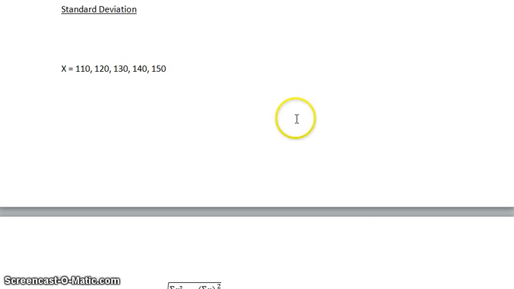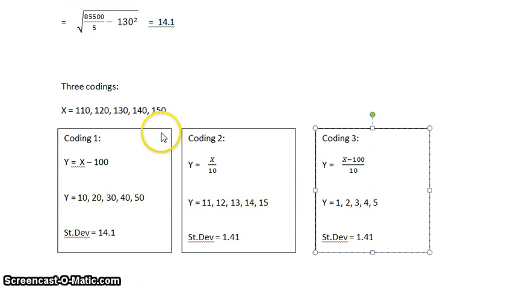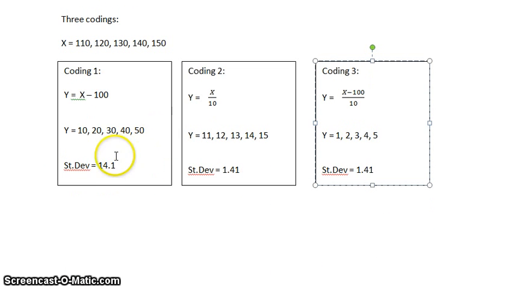Okay, so how is this helpful to our calculations? Well, the standard deviation of our original data set, we'll remember, was 14.1. So what's happened? Well, if we take away 100, it hasn't affected the standard deviation at all. The standard deviation is the same. But if we divide by 10, we've divided the standard deviation by 10.